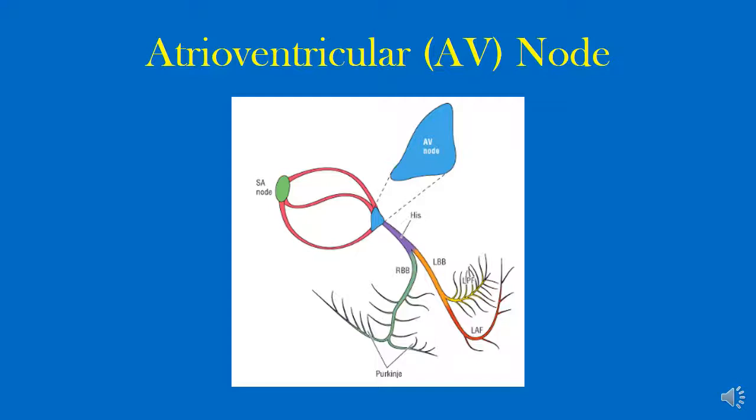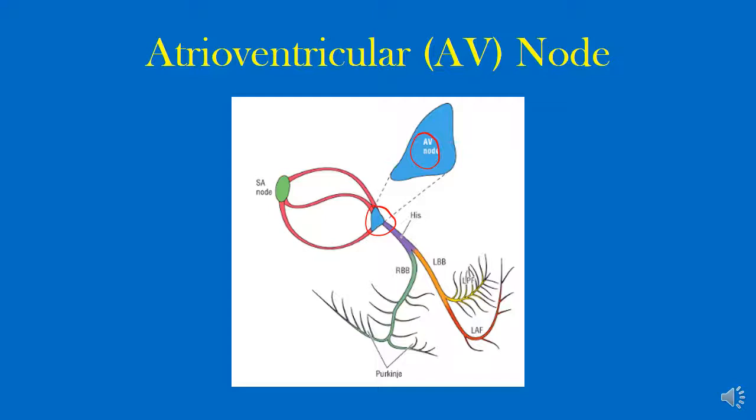Like the SA node, the atrioventricular or AV node, which is shown here, as you can see, is found in the wall of the right atrium. It is located next to the opening of the coronary sinus, which is the largest vein of the heart, and the septal leaflet of the tricuspid valve.